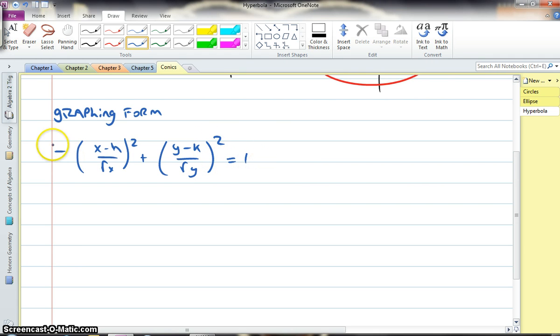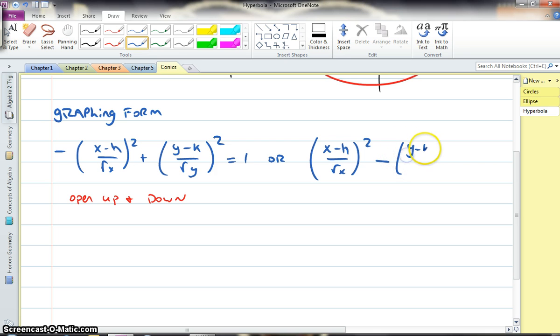Now, if the negative sign is with your x value, this graph would open up and down. Or you could get this: x minus h over r sub x squared minus y minus k over r sub y squared equals 1. Now this graph would open left and right.